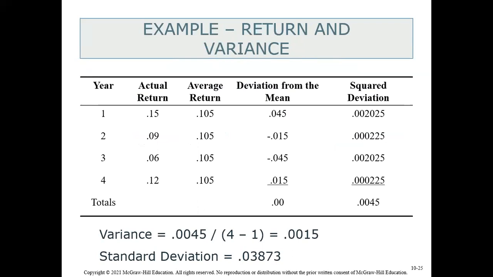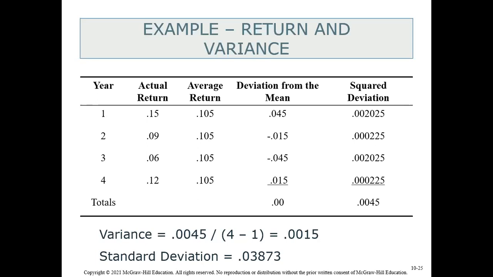So our variance here would be 0.0045 divided by the number of observations minus 1. So we had 4 minus 1.